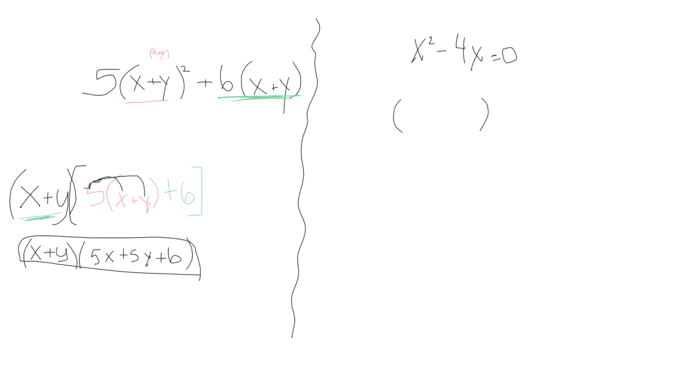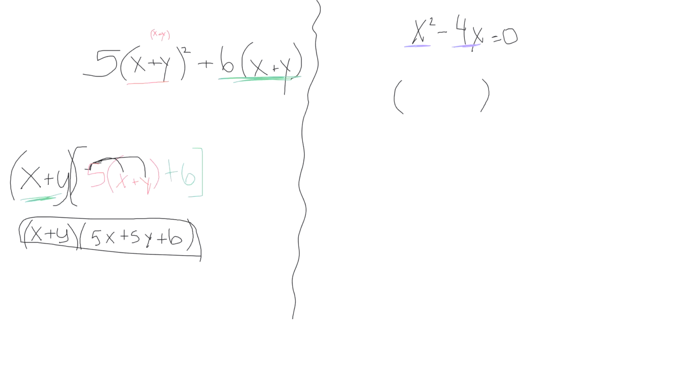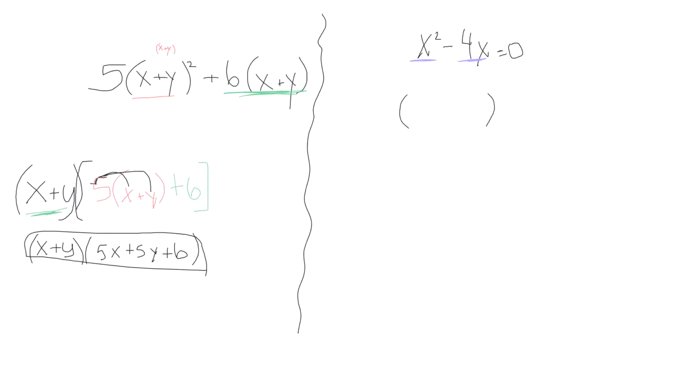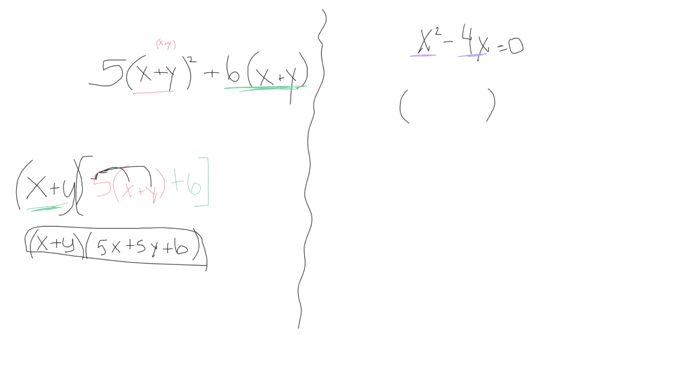So what do these two terms have in common? X squared and 4x. Would it just be 1? It would just be one, the number 1. And what about the x part? How many x's do they have in common?